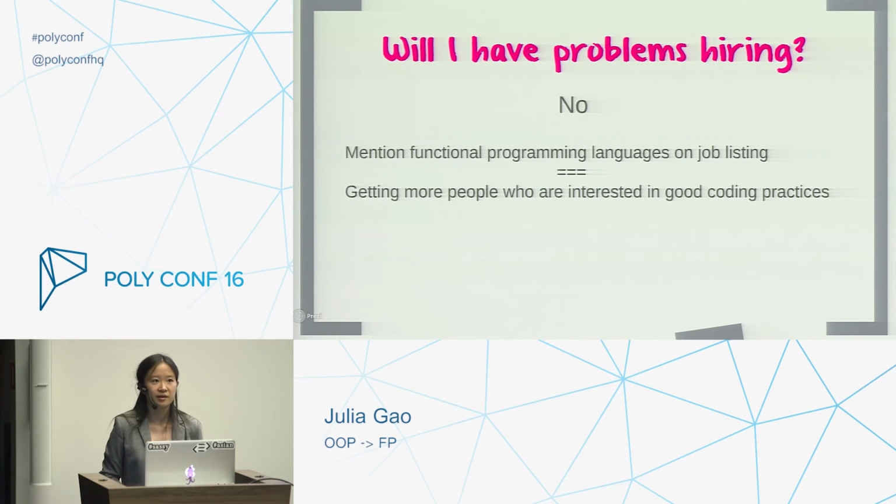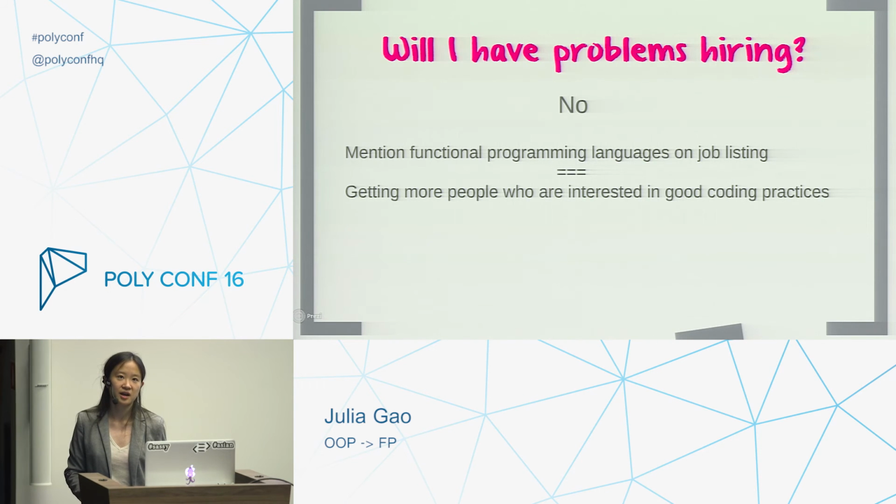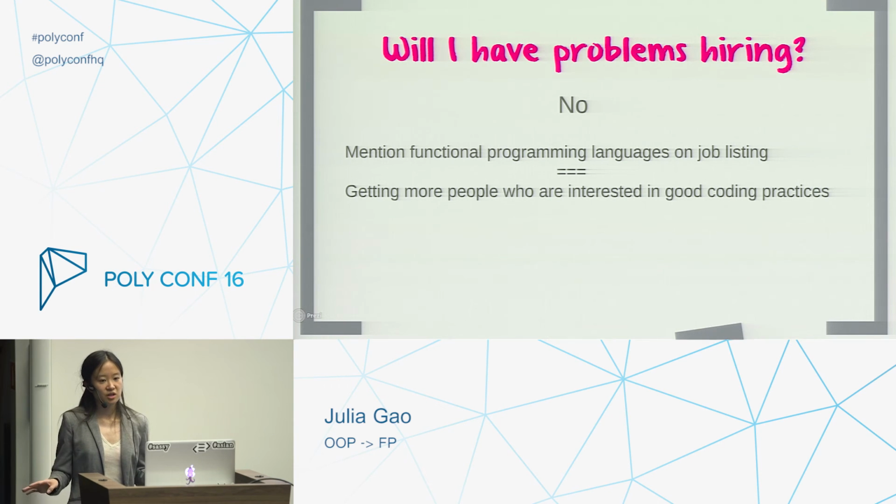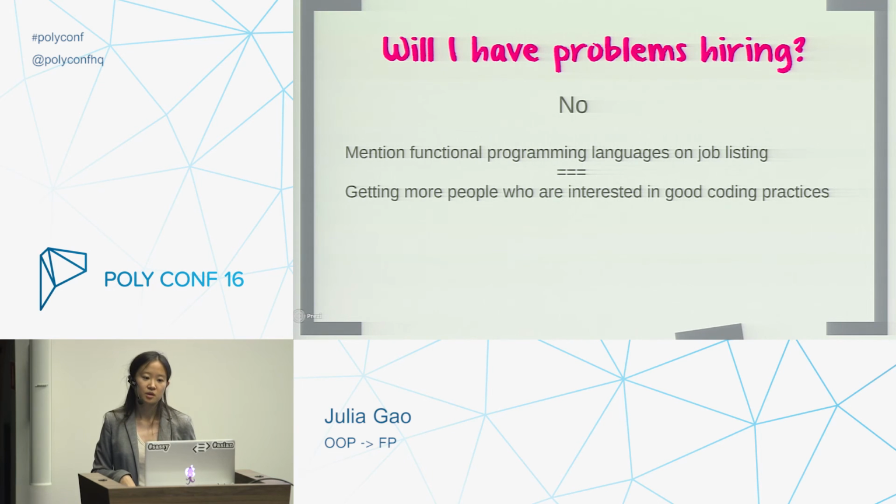So some of you may have problems using those programming languages because maybe your boss said, okay, we can try it, but what if you leave? Then I will have problems hiring somebody new to take over and to learn these languages. Actually, you probably won't have any problems hiring because there are always some people eager to use some functional programming languages for their work.